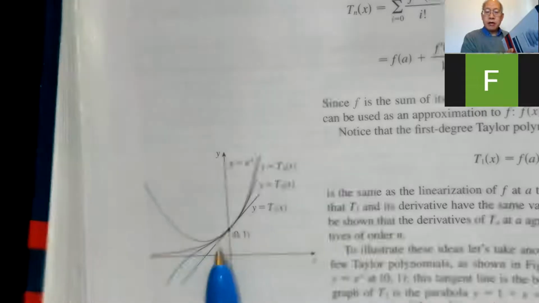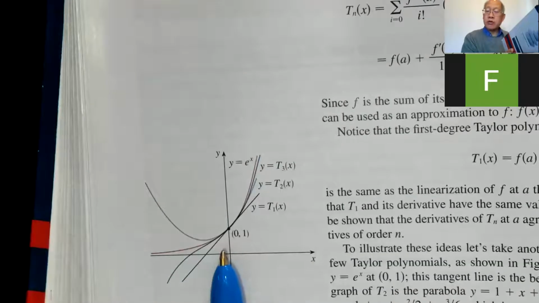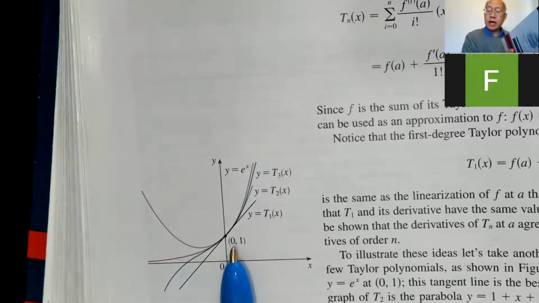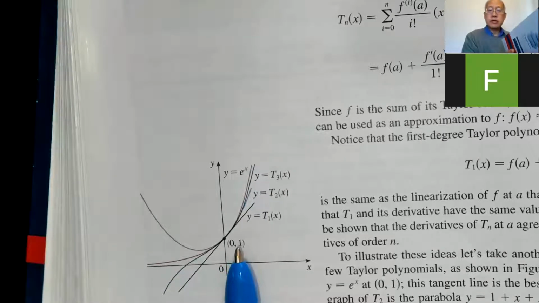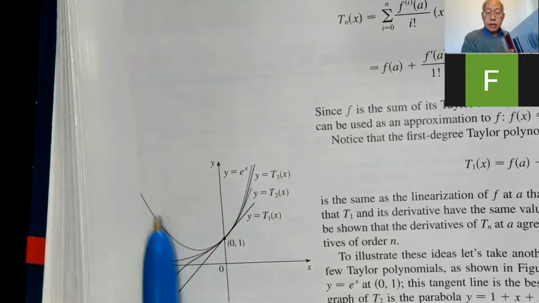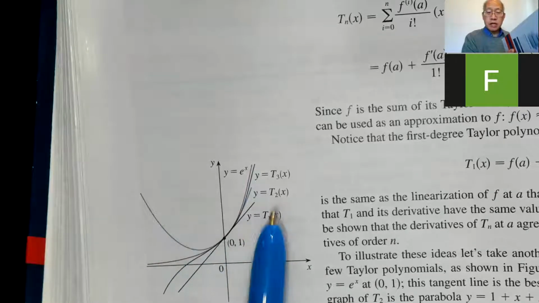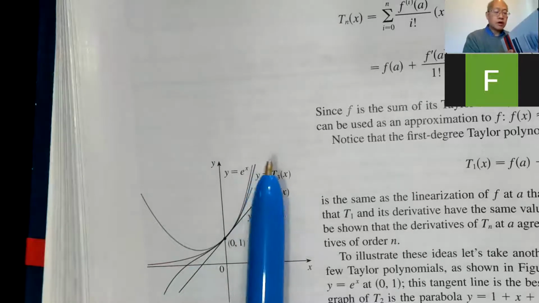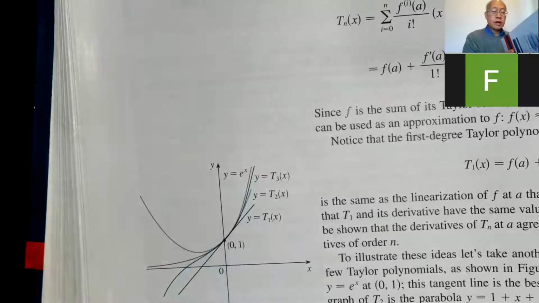That was the graph that you did a lot of in Calc 1, the equation of the tangent to the curve, right? Remember, you did a lot of problems: find the equation of the tangent to the curve at the point. But now T2, parabolic approximation. T3, cubic approximation. You go farther and farther out, the graph looks more and more like the graph of the function. That's what's happening.